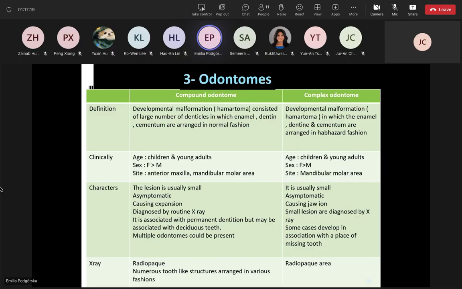And today I exposed you to a compound odontoma, composed of five odontomas.